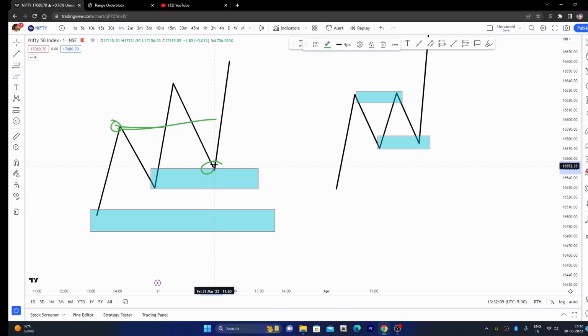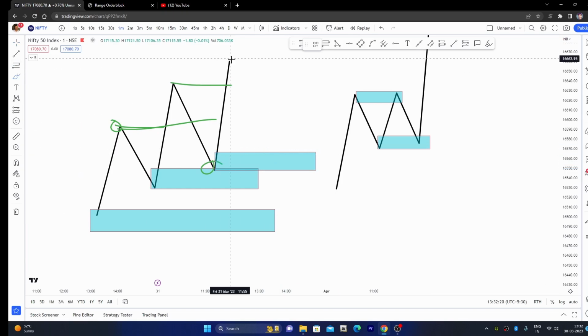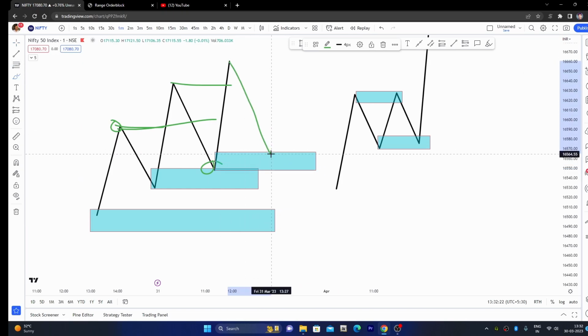Many people will think price is creating an uptrend, market structure is to the upside, so they will try to enter at this order block also. So price will come here, react from this zone, because many people are buying over here. Many people try to buy in FOMO.